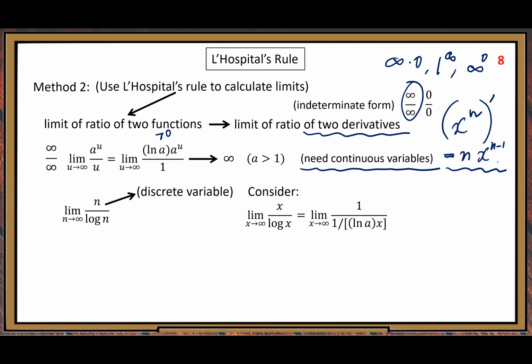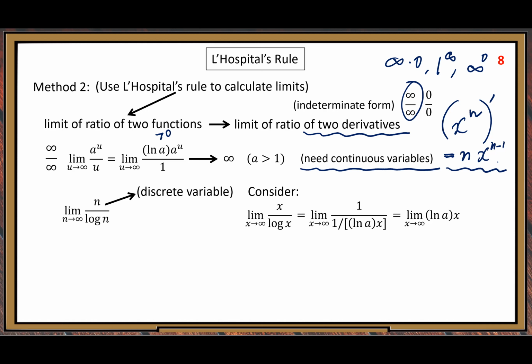Denominator: log base a, which has derivative 1 over natural log of a times x. That's the derivative of the log formula. After simplification, it's the reciprocal: natural log of a, a constant, times the variable x, but x goes to infinity.